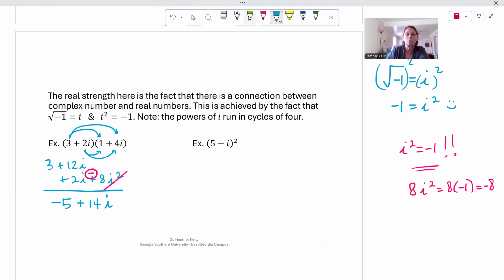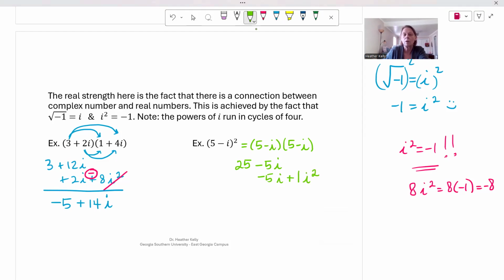I wanted to throw this on here to remind you that 5 minus i squared is not 25 plus 1. That is 5 minus i times 5 minus i. Okay, so let's multiply that together here. We have 25 minus 5i minus another 5i plus 1i squared.